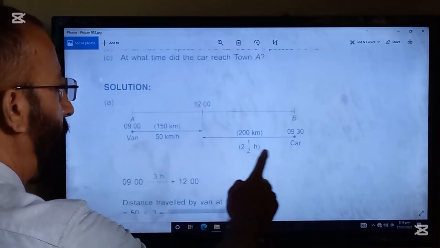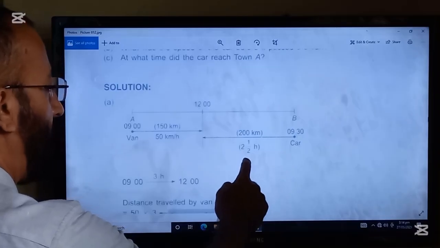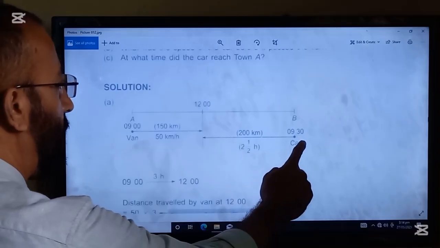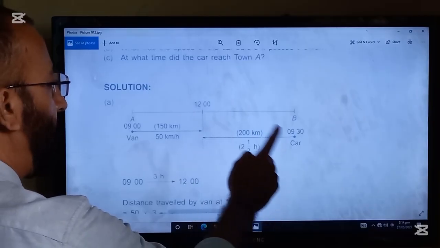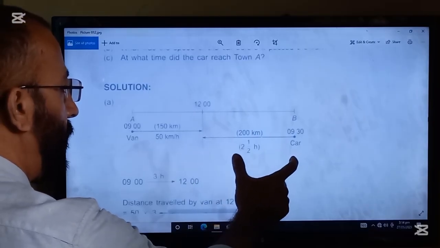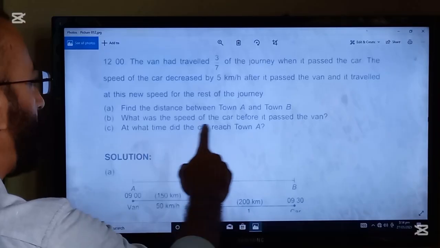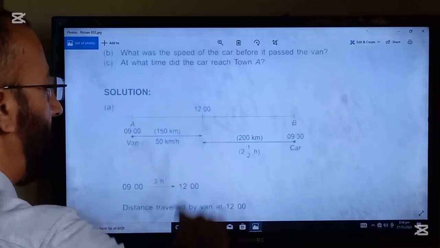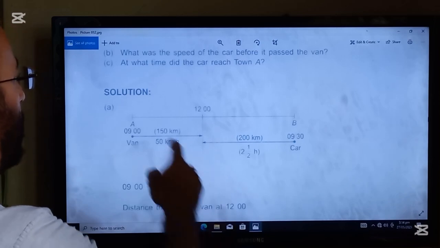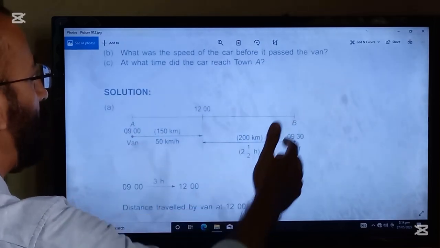And the car will take 2.5 hours because it is starting at 9:30 and at 12 o'clock they have to meet. So 2.5 hours will be the time taken by the car, and the requirement is, what was the speed of the car. So now we will put these values into the formula, and after that, at what time did the car reach town A?